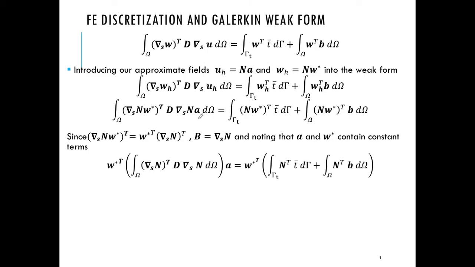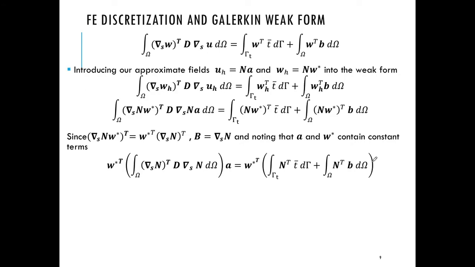If I do all three of these manipulations, then I get these expressions right here, where I have my w star transpose constant outside on the left hand side of the integral, and my a constant on the right hand side of the integral for this term. Whereas on my right hand side, I just get w star transpose outside.